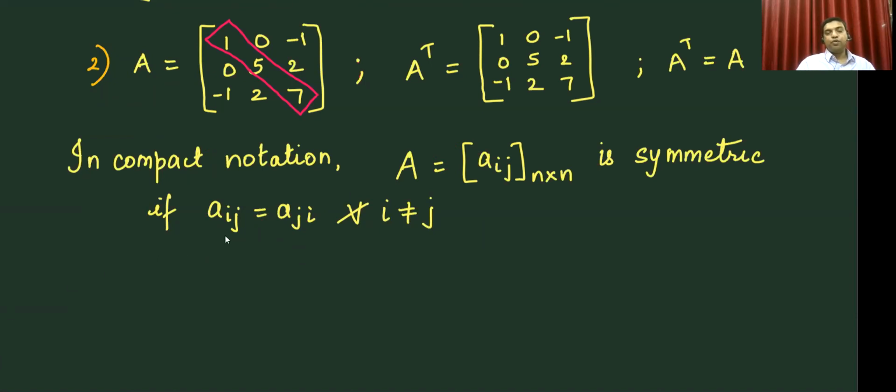So A23 will be equal to A32. A23 is second row, third column, and A32 is third row, second column. So in compact notation, Aij is symmetric if this condition is valid. All right, so this is a symmetric matrix.